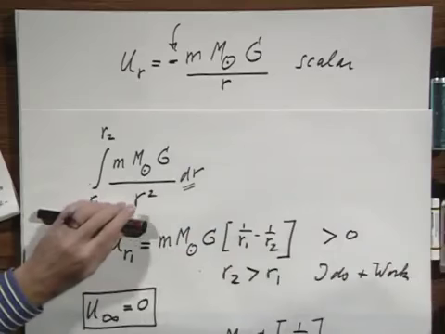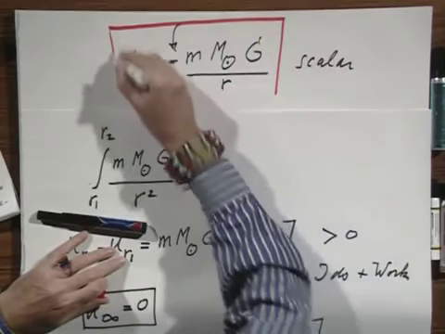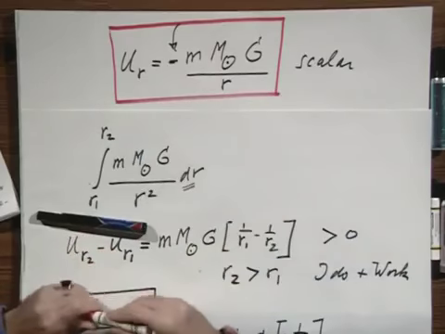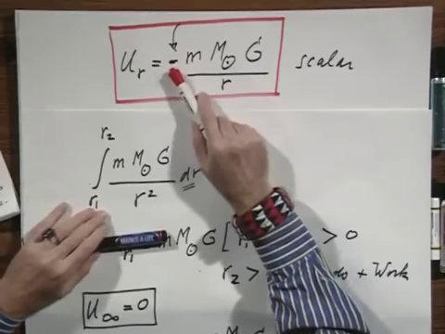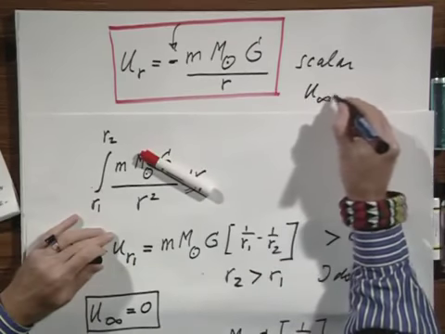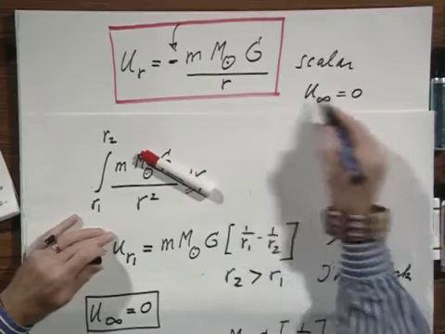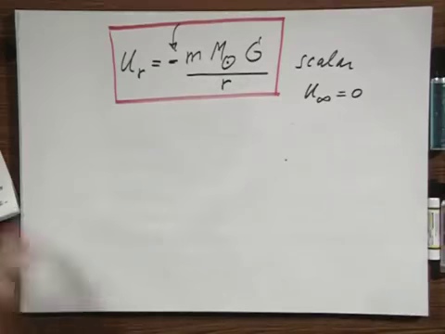Let's put this in a nice red box, because it's a very important equation. This negative sign is the price that we have to pay for the fact that we call u at infinity equals 0. Put in r equals infinity and you see that u indeed becomes 0.